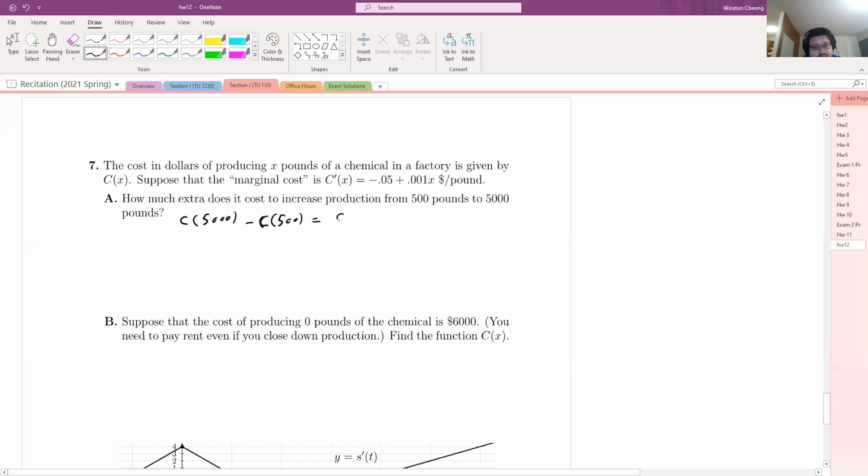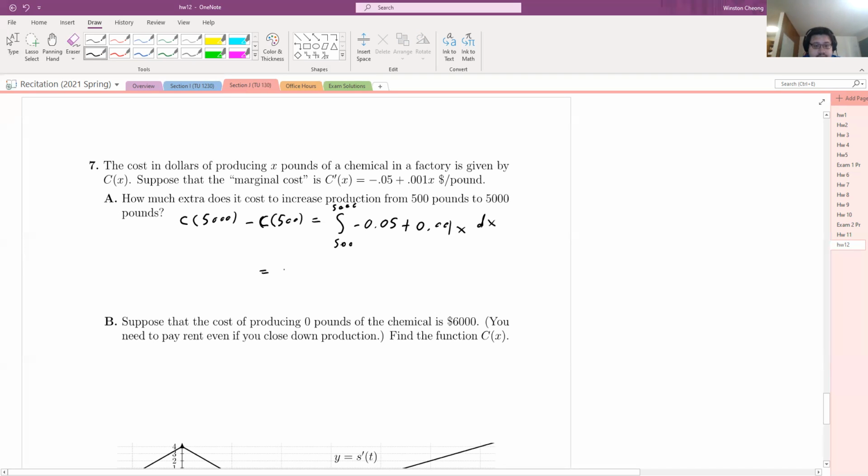And so that should remind you of the integral from 500 to 5,000 of C prime, which I'm just going to fill in what that C prime function is, 0.05 plus 0.001x, and we're integrating with respect to x, not t, sorry, dx.